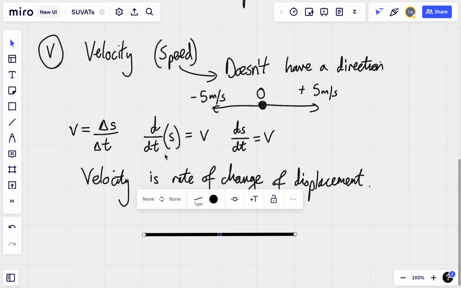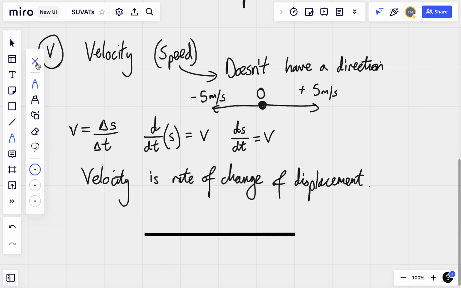If I have my 0 point, and I have point A. If I travel 4 meters to get from O to A, and it takes me 2 seconds to do that, my velocity therefore must be my change in displacement, which is 4, divided by my change in time, which is 2. Therefore my velocity is 2.